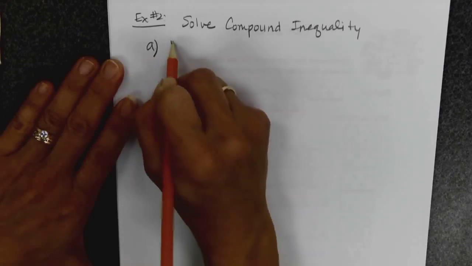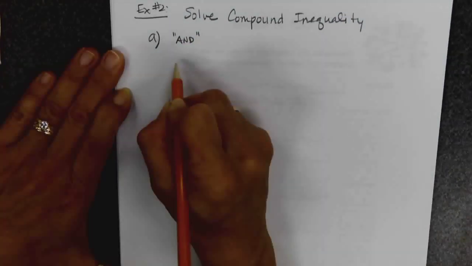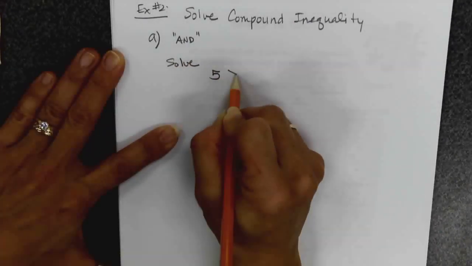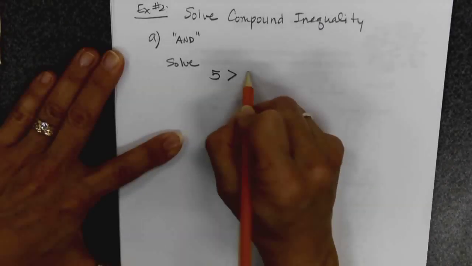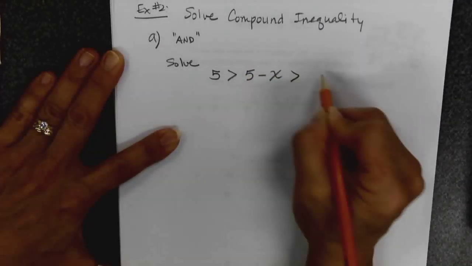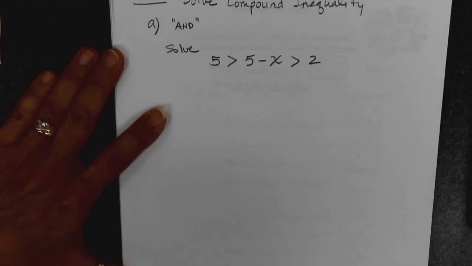So here's A. This is an and compound inequality. It's going to say solve 5 is greater than 5 minus x, which is greater than 2. Okay? We're going to solve.